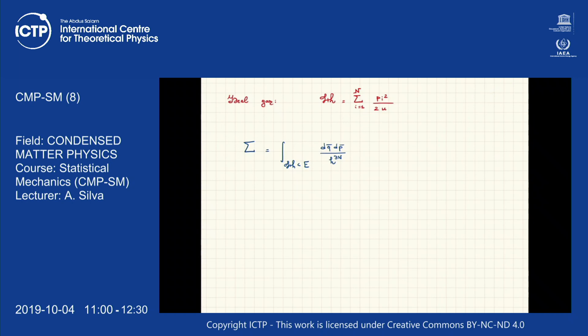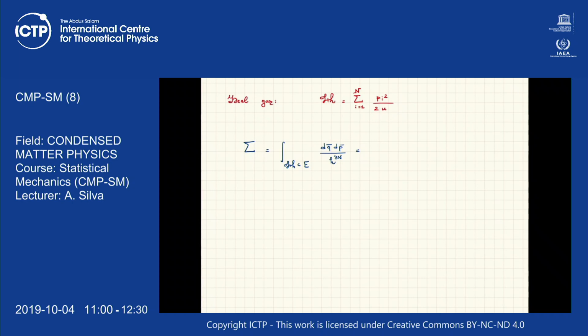Anyway, we have to normalize. It doesn't matter by what you normalize. Let's write h to the power 3n, with the understanding that perhaps the Planck constant is the natural way to normalize these integrals. Great. Now, it's clear that my Hamiltonian does not depend on position, right?